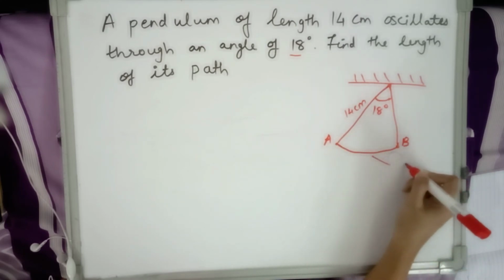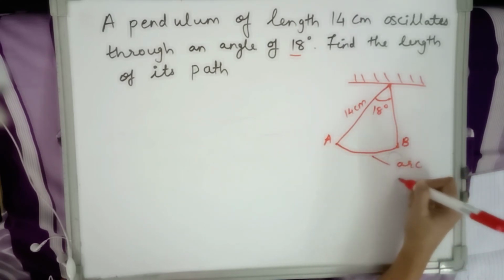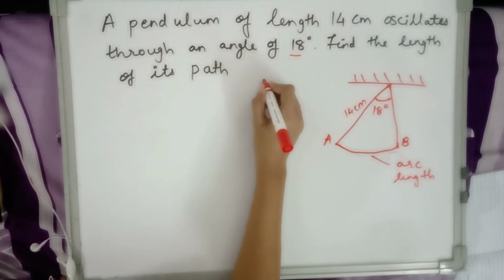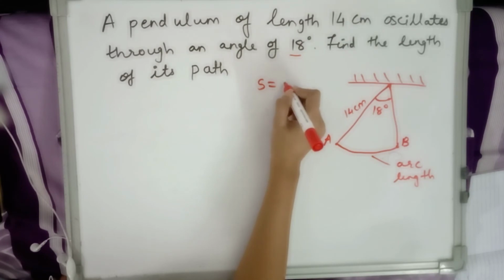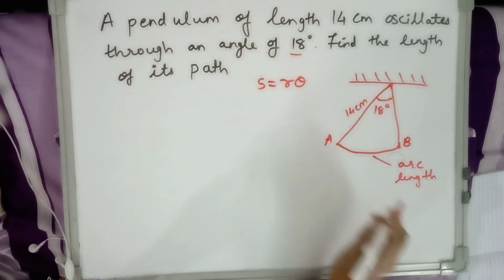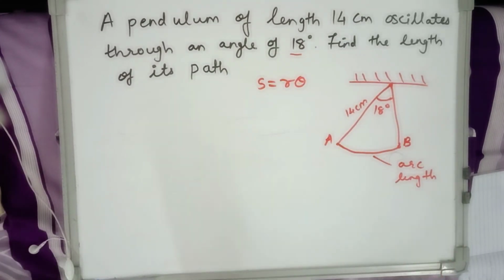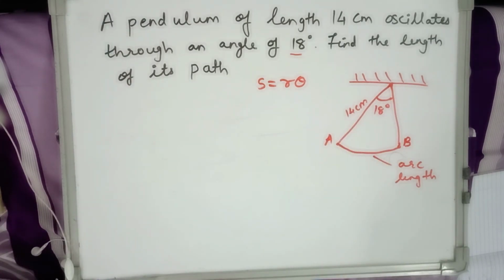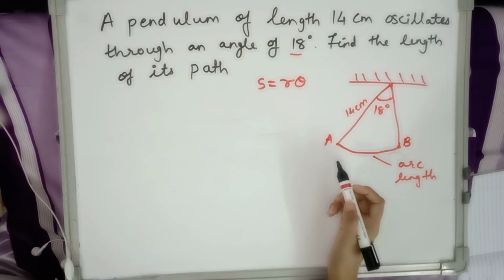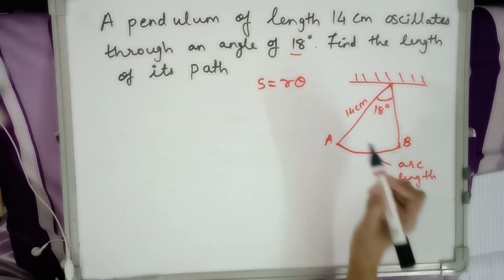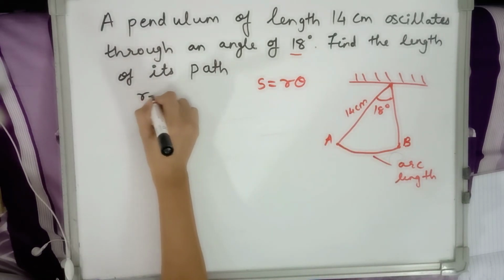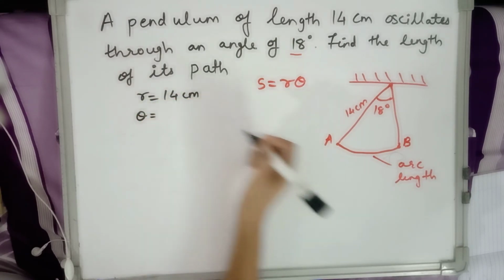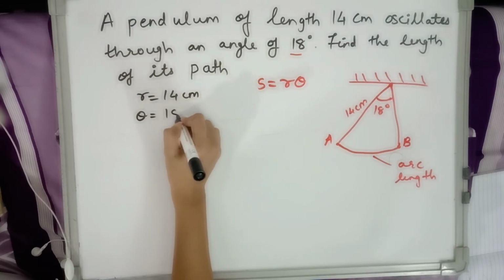So this will be the arc length. We have the formula for arc length, S is equal to r theta. Here r will be 14 centimeter because we have the length of the pendulum, that is 14 centimeter, and theta is equal to 18 degrees.